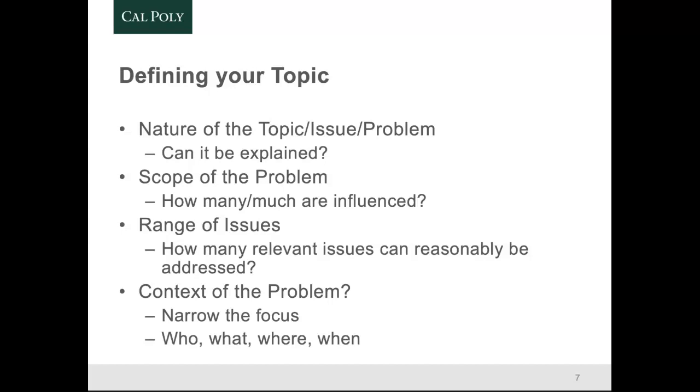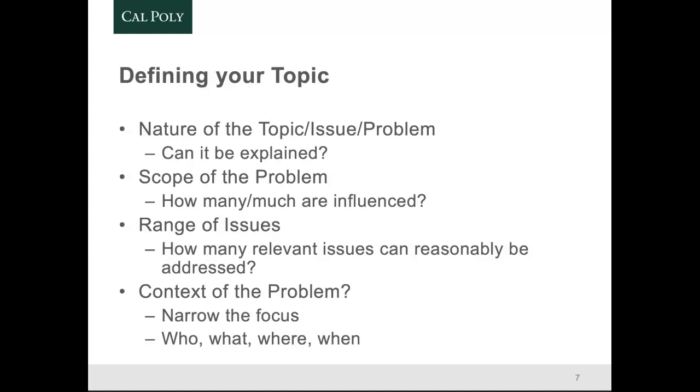Think about the context of the problem. You want to make sure that you narrow down your focus and think about the who, what, where, and when. So think broadly about your topic and then you can refine it. For example, maybe I'm really interested in childhood obesity. That's a really, really broad topic.